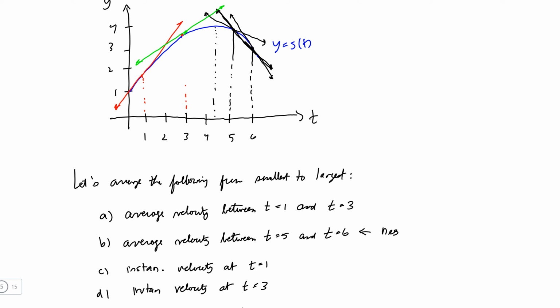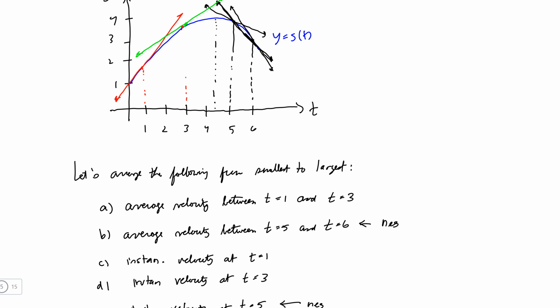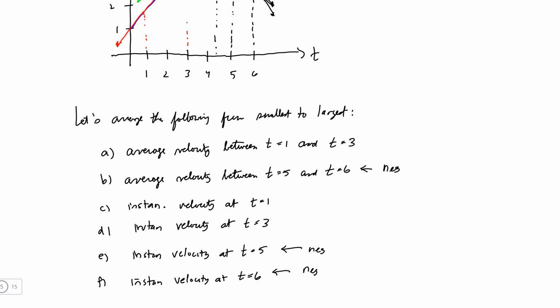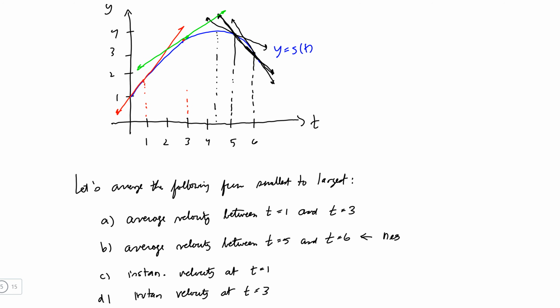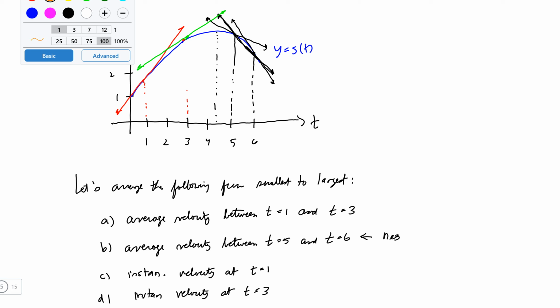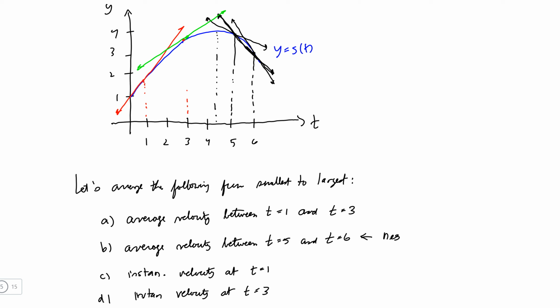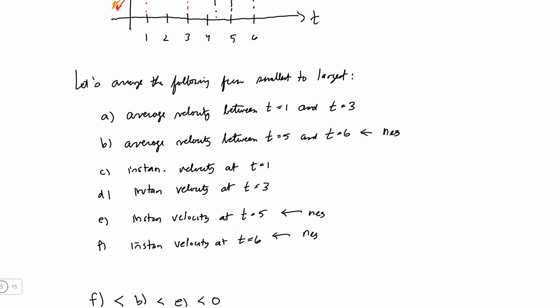So the instantaneous velocity at t equals 1 is bigger than the one at t equals 3. The average velocity between 1 and 3 is somewhere between these two. So the biggest slope will be the red line, and then the orange, and then the green.